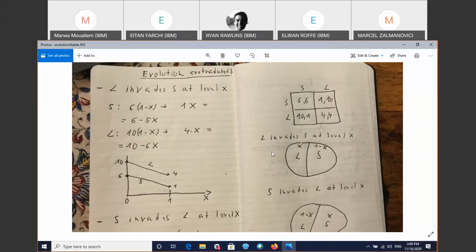So the average gain of a certain animal, how is it impacted by the invasion?